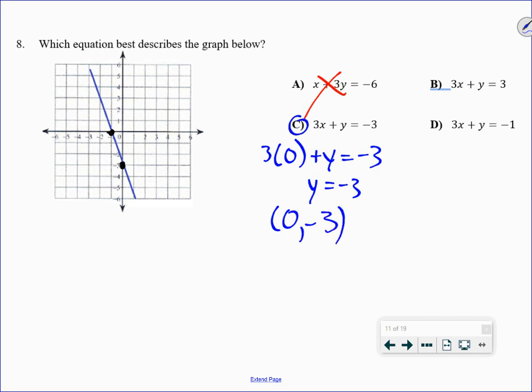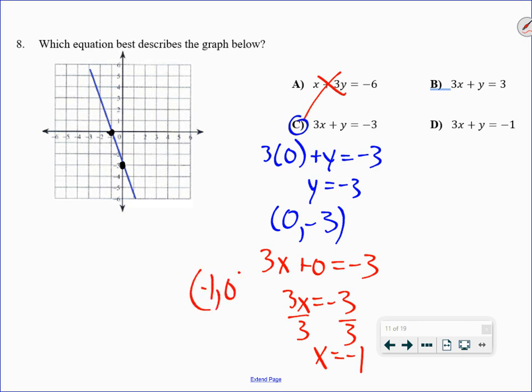Well, that's promising. And then if I plug in 0 for y, I get 3x equals negative 3. Divide both sides by 3, and I get x equals negative 1, which means the point negative 1, 0 is on the line. And that's those 2 points. So C is the right answer.